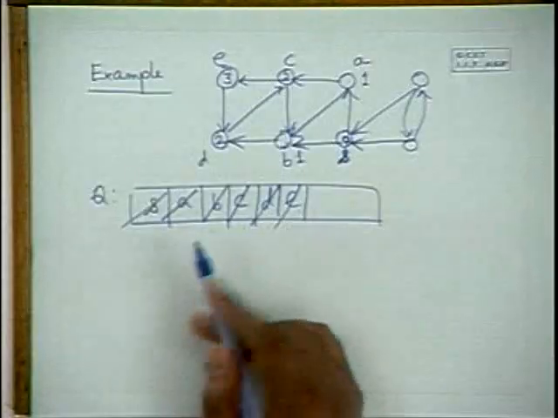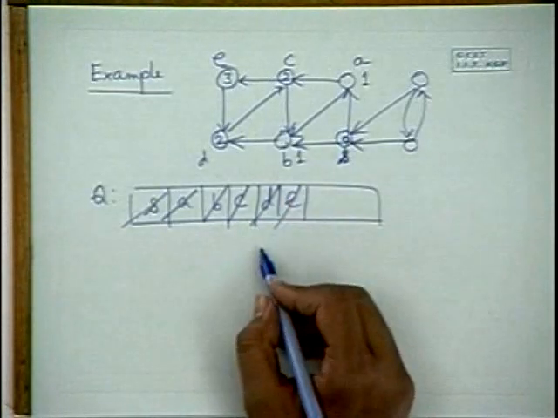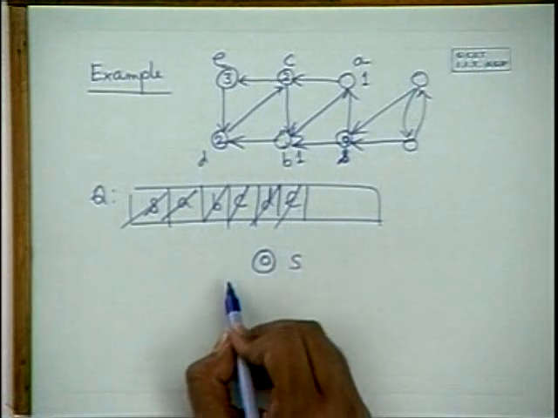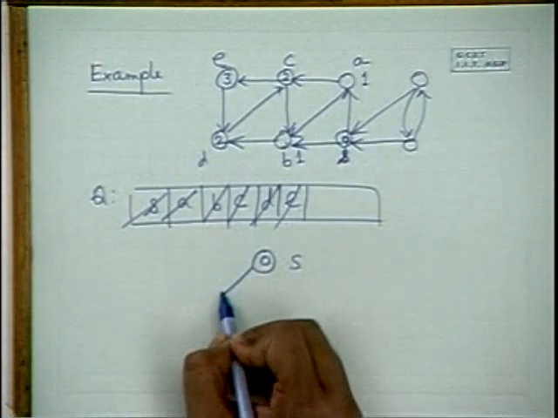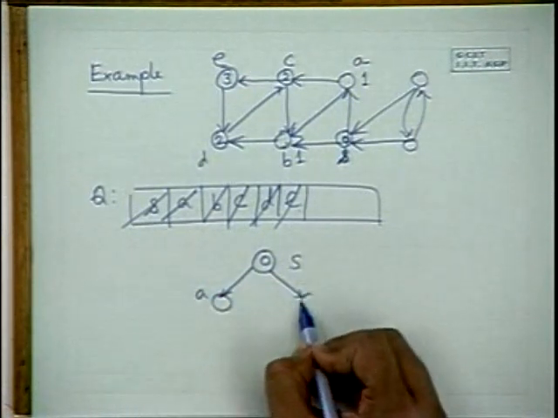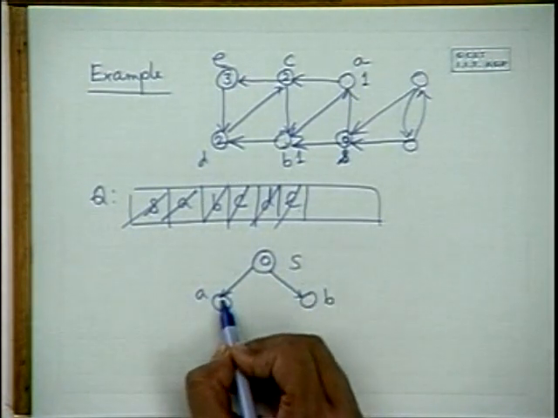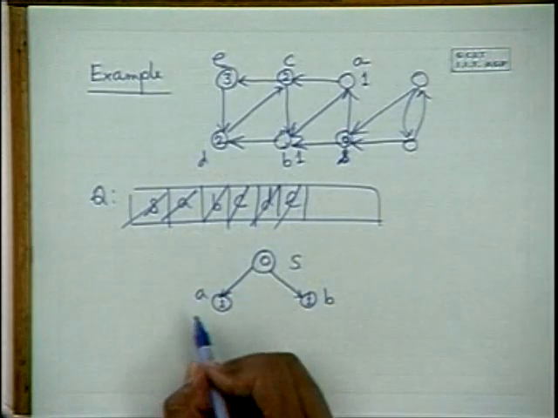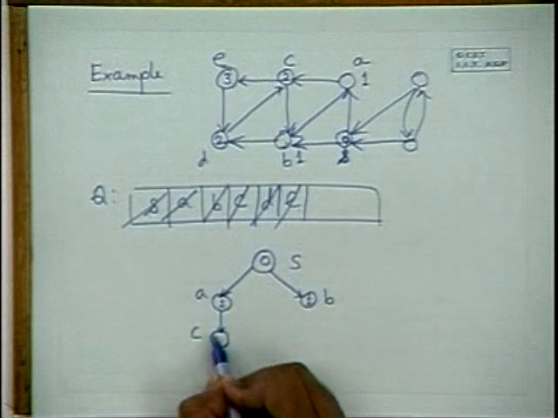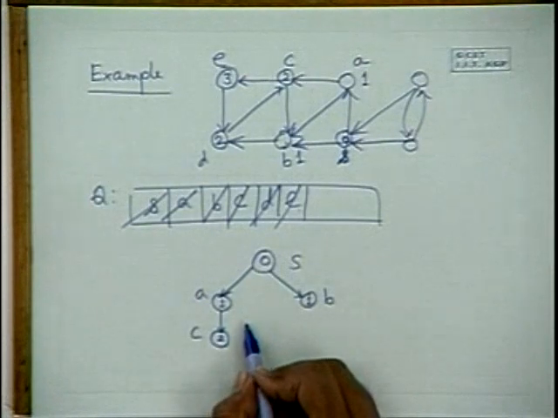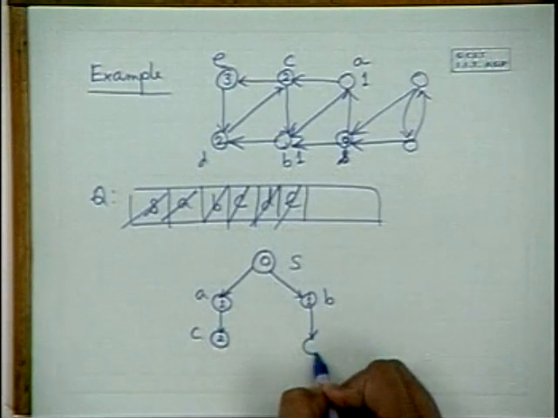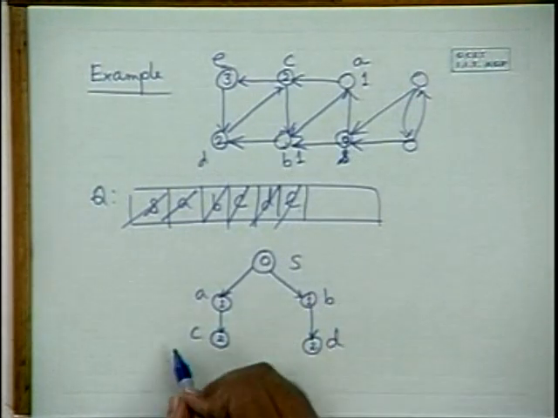So if I write down the tree now, according to which we have visited, S is here, whose level is basically 0. From S we visit 2, which is A, which is B. So this is 1 and 1. Then from A we visited C, which is 2. From B we visited D, which is 2.